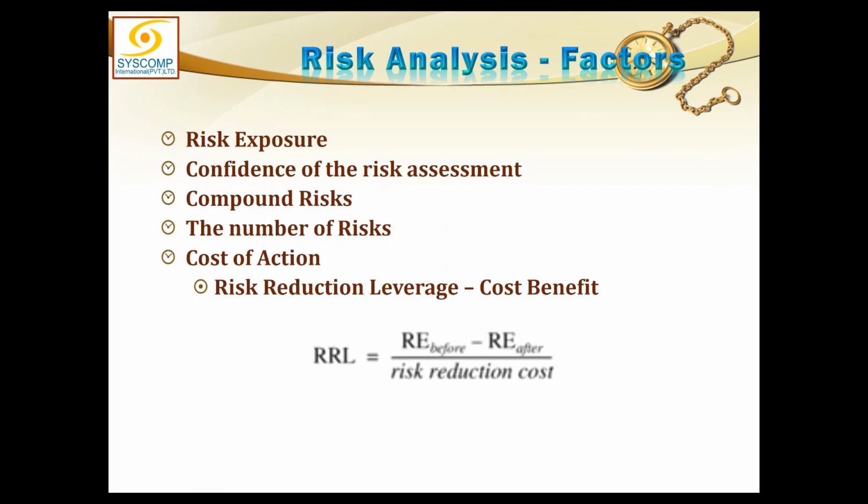If I am spending 90,000 and saving 90,000, then it is one and the same thing. Whether I take this action or I don't take this action, both ways I will be spending 90,000 rupees. So the RRL of 1 is also no good. It is almost neutral. An RRL of something lower than 1 point something is absolutely not feasible, and any value beyond 1 is acceptable.